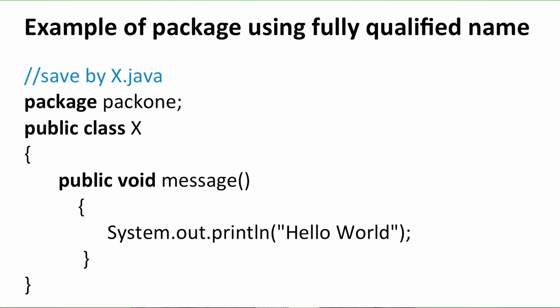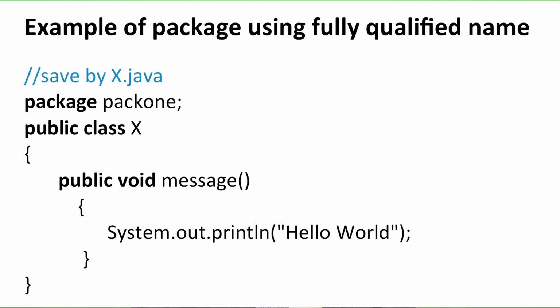Let me quickly tell you the hierarchy again: package 1, inside it we have class X, then public void message. We are having this method with System.out.println hello world. So X is having a message method which is printing the message hello world.